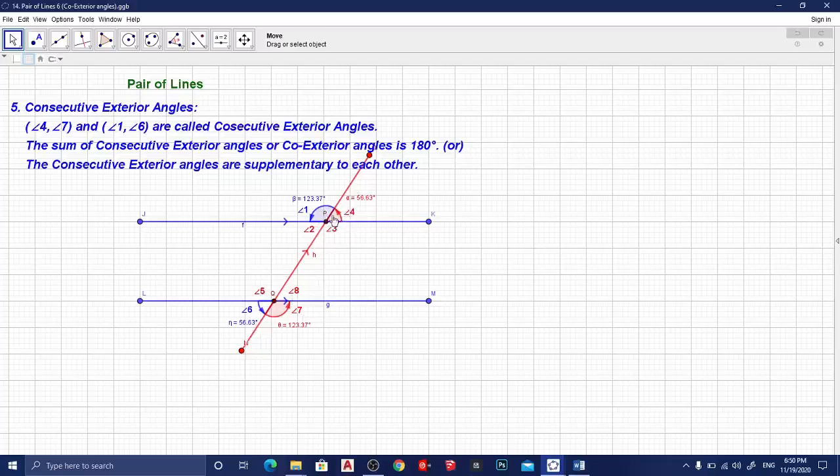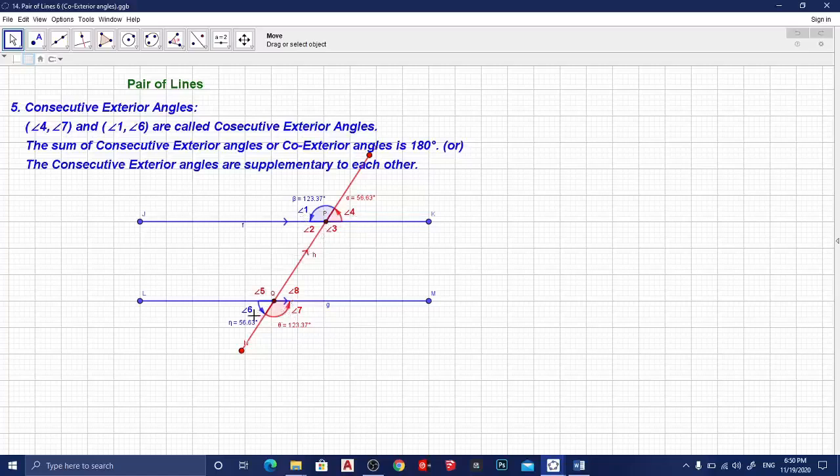So now these are existing on the same side of the transversal and also in the exterior of the parallel lines. That's why this pair of angles is called the consecutive exterior angles. Which angles are forming like that?